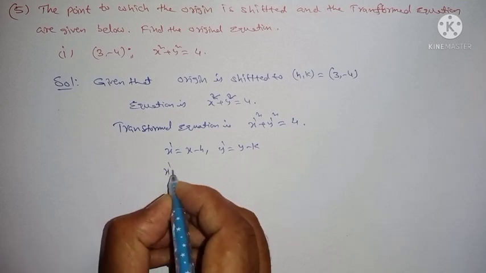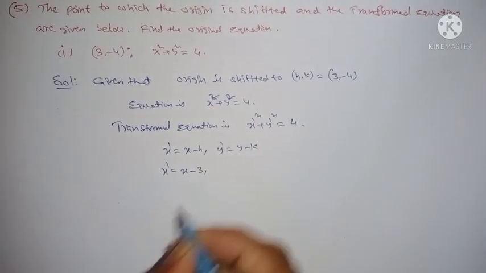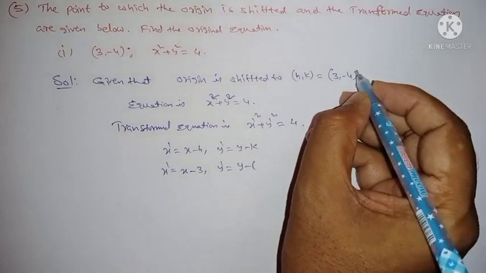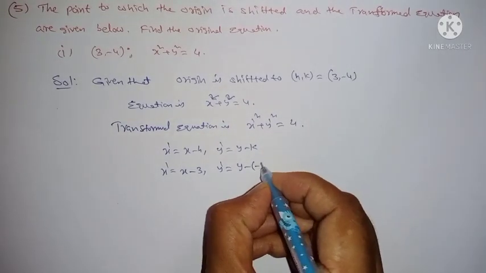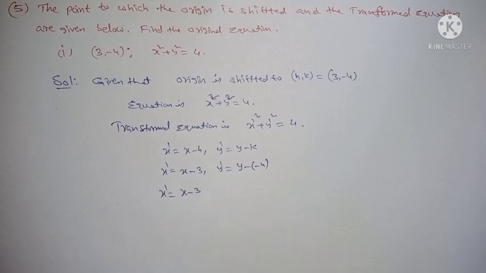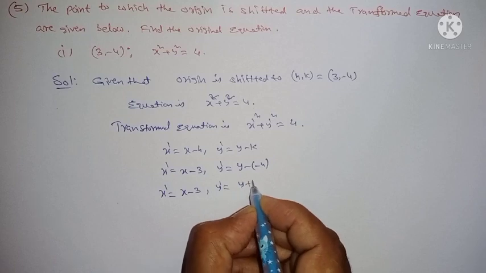Therefore x' = x − 3, since h is 3, and y' = y minus of minus 4, which is y + 4. Clear?